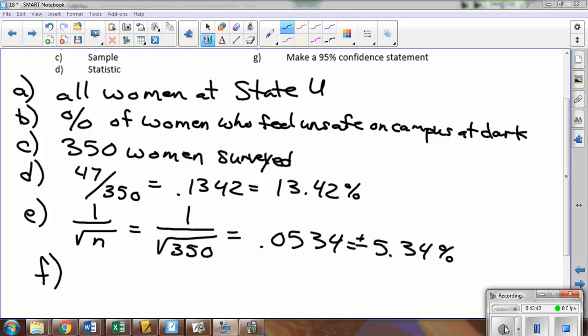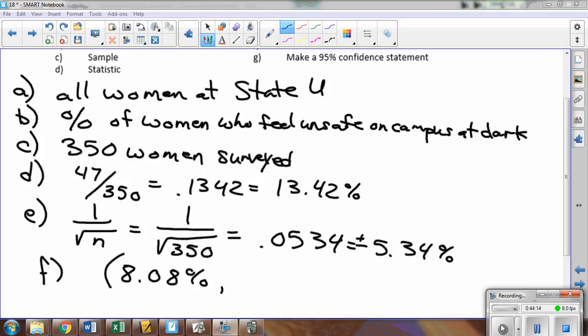Part F says to calculate the 95% confidence interval. All right, so we have to take this 13.42% and subtract 5.34. What's 13.42 subtract 5.34? On the low end, that's 8.08%.